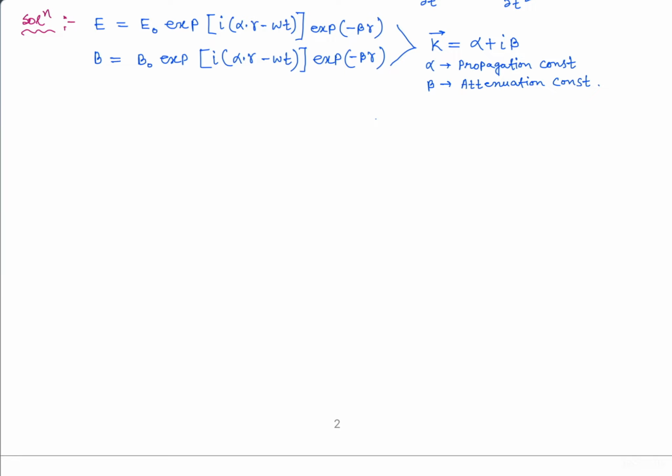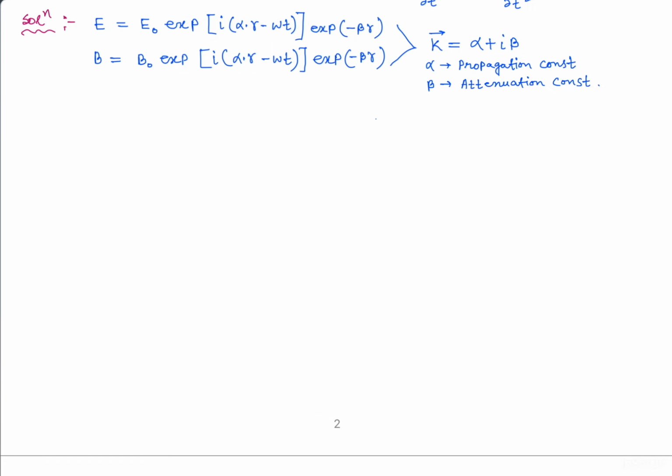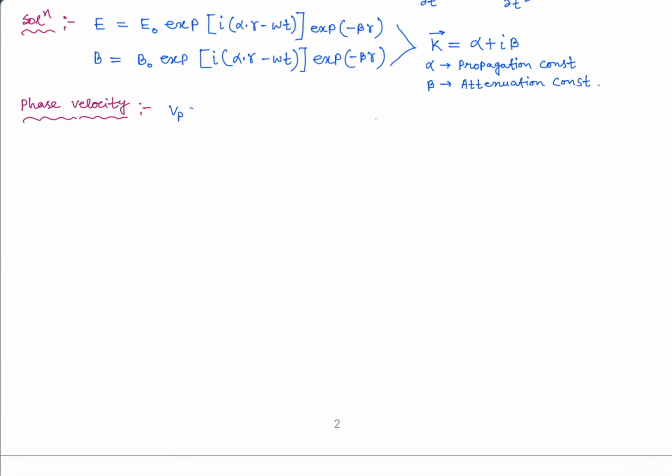Now if we want to find the phase velocity of the wave, then it will be Vp equal to omega by alpha.